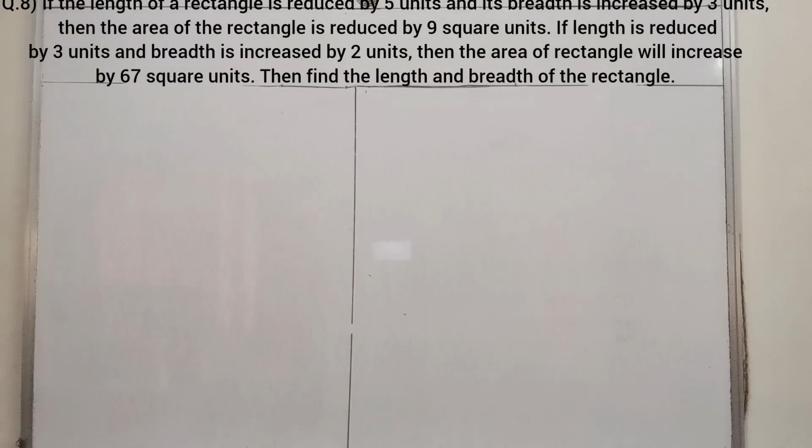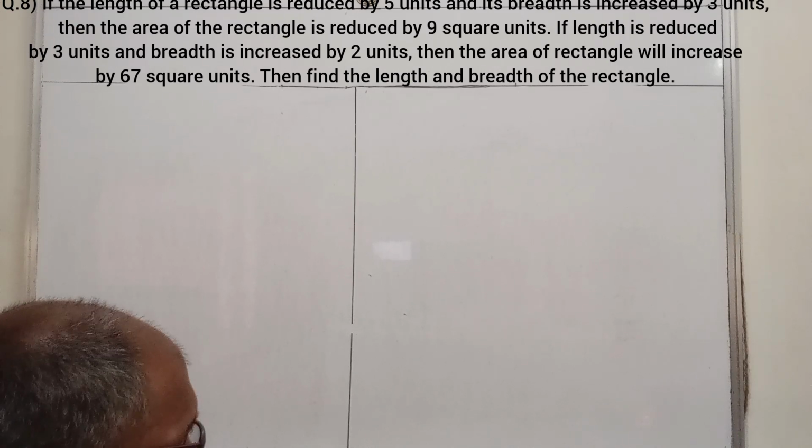Question number 8. If the length of a rectangle is reduced by 5 units and its breadth is increased by 3 units, then the area of the rectangle is reduced by 9 square units.